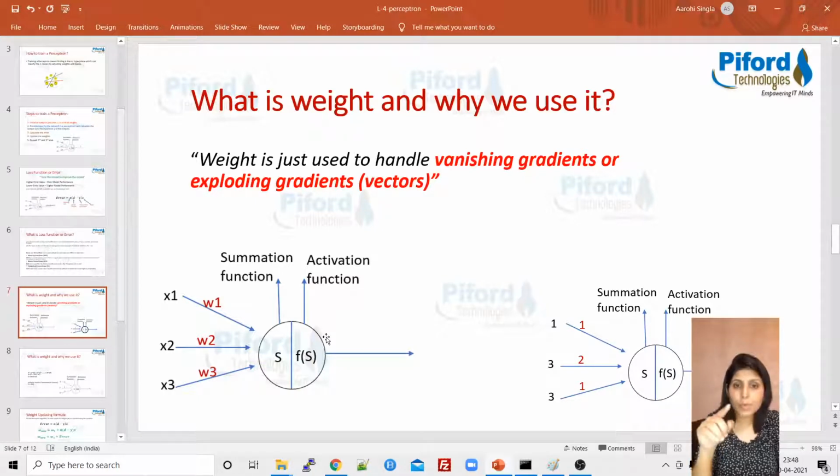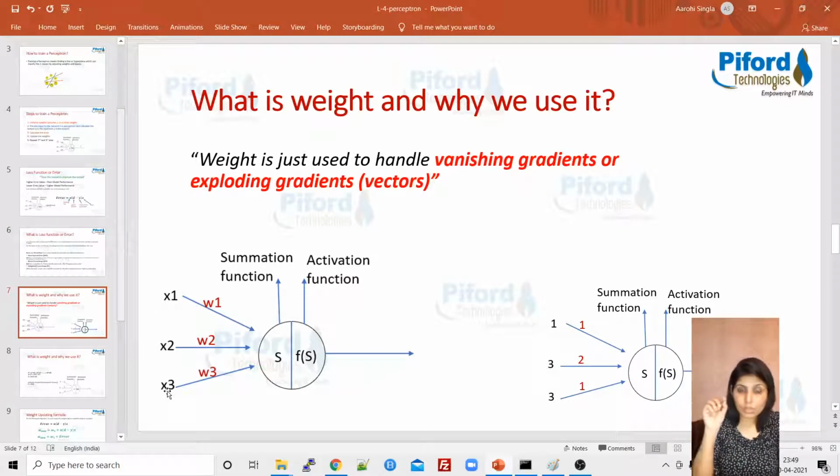Exploding gradient simply means the value of these input data points, let's suppose x1, x2 and x3, is very high. When you give very high values as input to your network, the activation function will have a very high value. In both scenarios, your algorithm will take a lot of time to train, right?